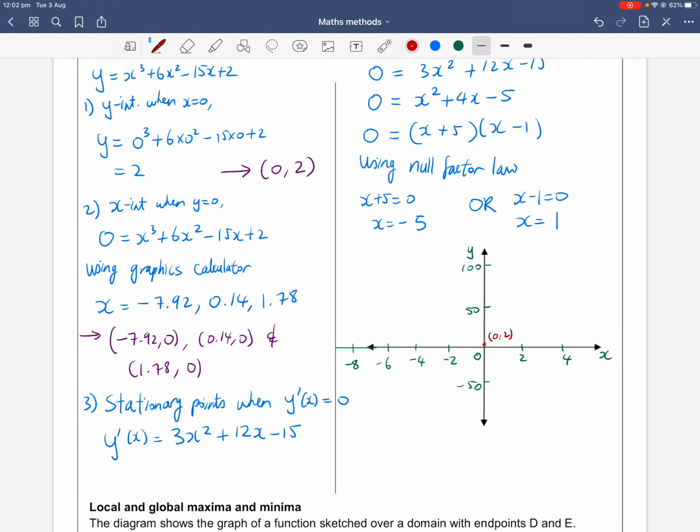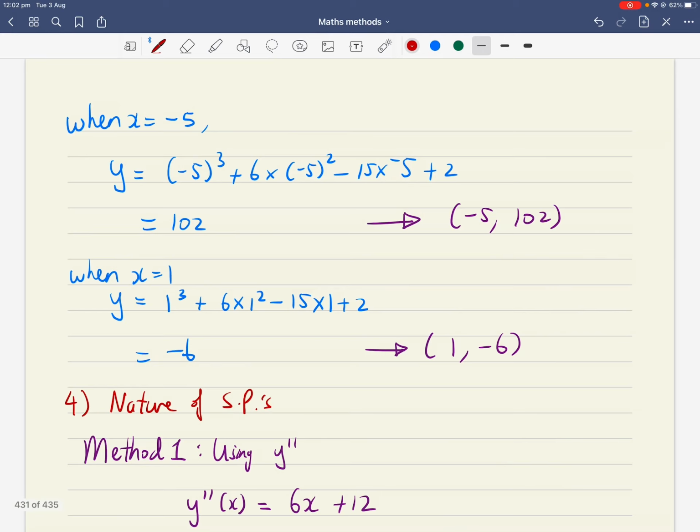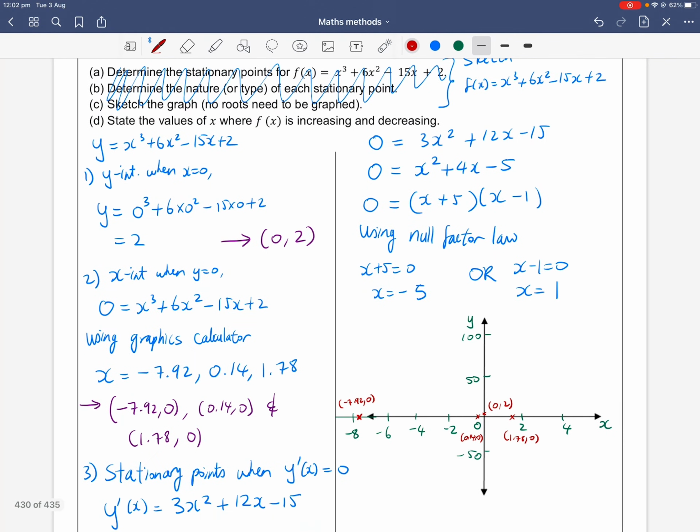We have our x-intercepts at about -7.9, so that's (-7.92, 0), at about 0.14, and at about 1.78. So that's about here-ish, (1.78, 0). We've got our 2 stationary points, -5 across, 102 up. So that's about here-ish, (-5, 102).